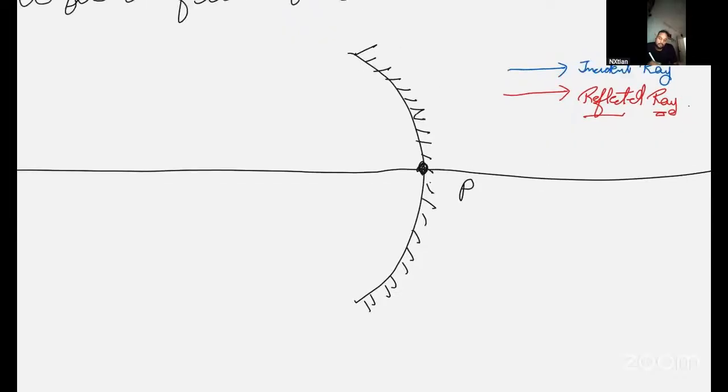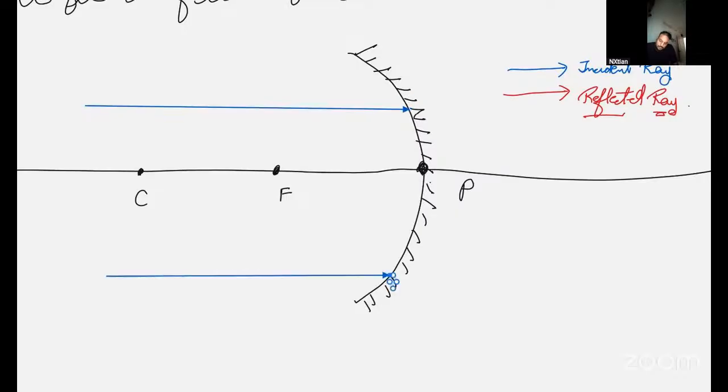Got it? Okay. Now the first rule is, if a line is parallel to the principal axis, after reflection, it will go through the focus.